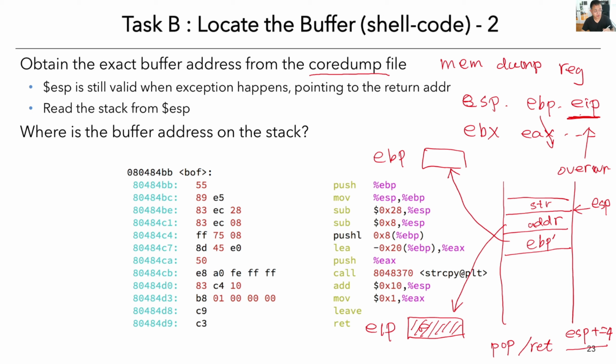So the ESP will still point to a valid location. If we look at this, the ESP will be the address of your parameter. So you can subtract an offset to get the address of the buffer.